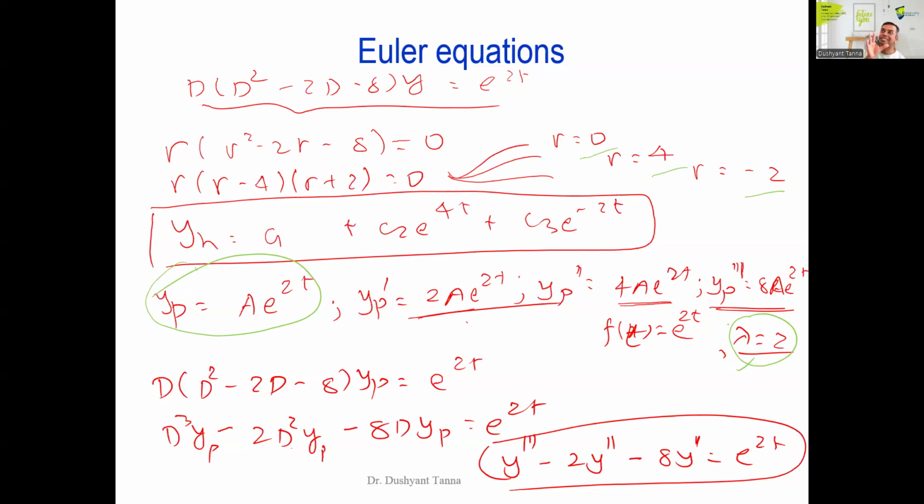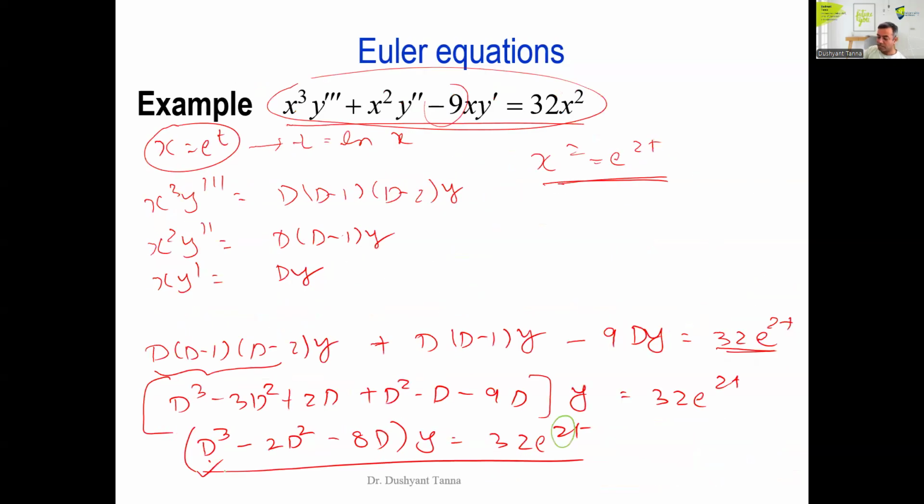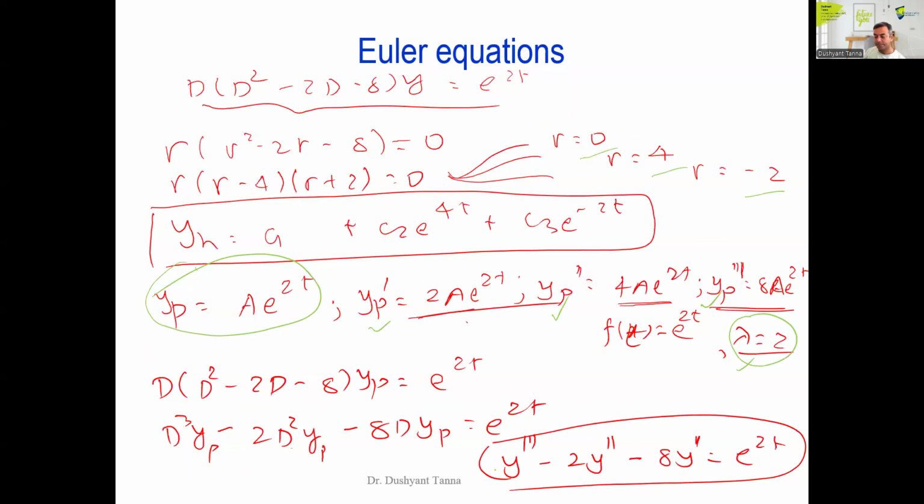And therefore, we follow week 6 content, where we had our yp as a e raised to 2x, or lambda x in particular. We needed y dash, y double dash, y triple dash, put it back in this equation here, right? And that's it. I just wrote it a bit nicely again.